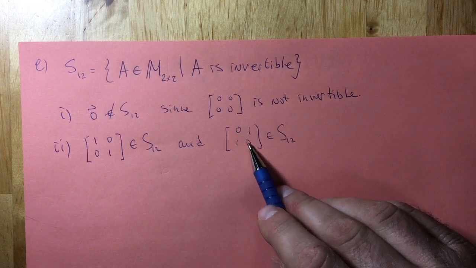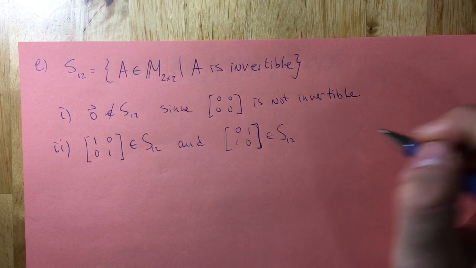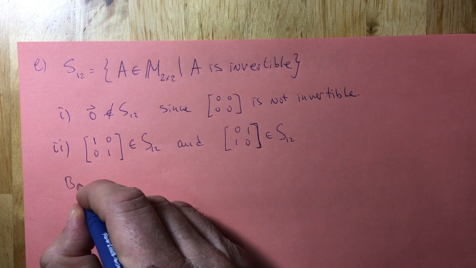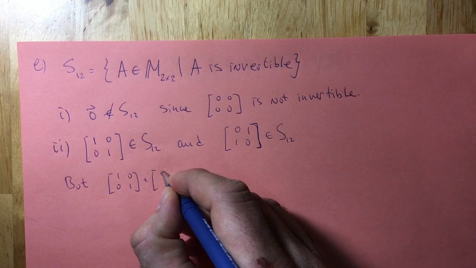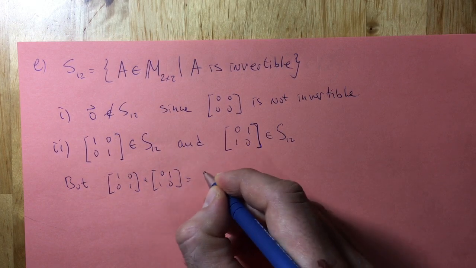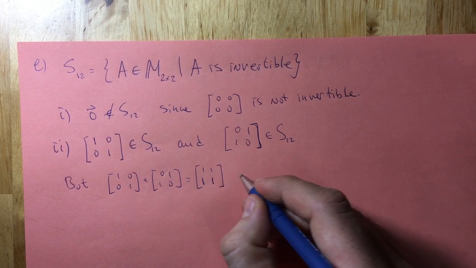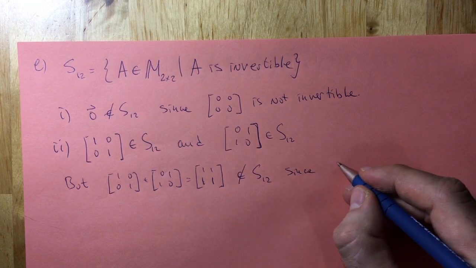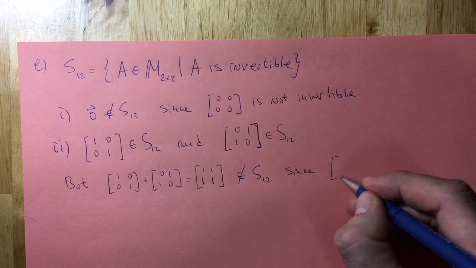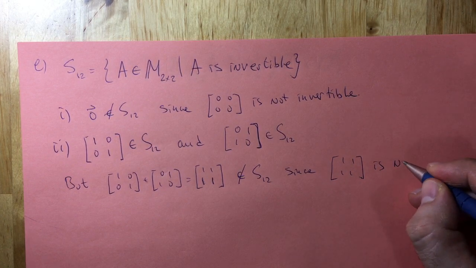How do I know that? The determinant is not 0, so this one is invertible. But 1 0 0 1 plus 0 1 1 0 is equal to 1 1 1 1, and this is not in S12 since 1 1 1 1 is singular, non-invertible.